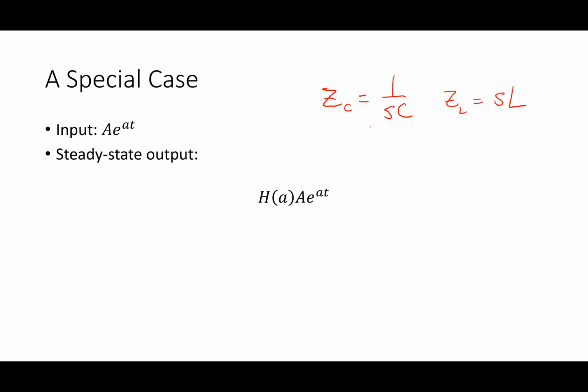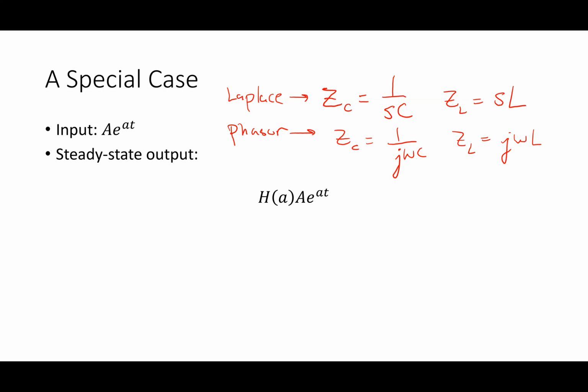Well, in the phasor world, we had what? J omega C and J omega L. So somehow there should be a deeper relationship other than just let S equal J omega, and there is.